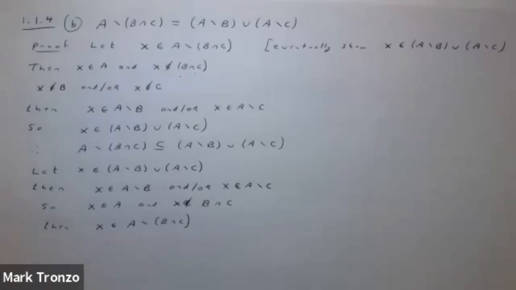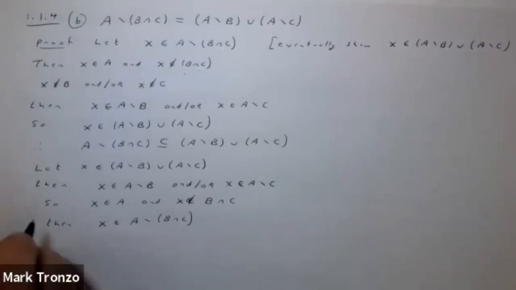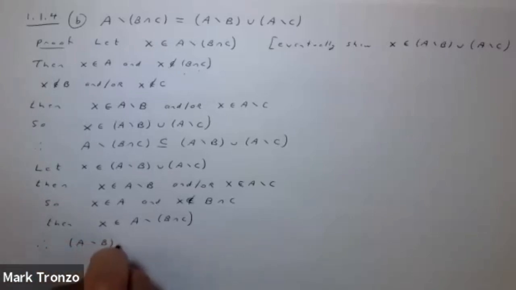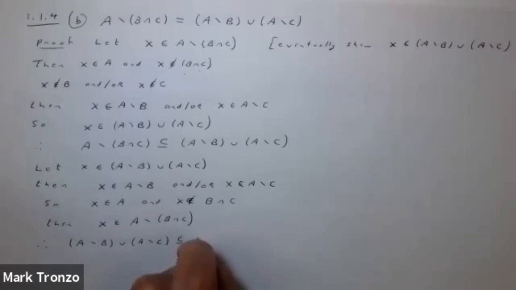And so therefore, A complement B union A complement C is a subset of A complement B intersection C, like that.